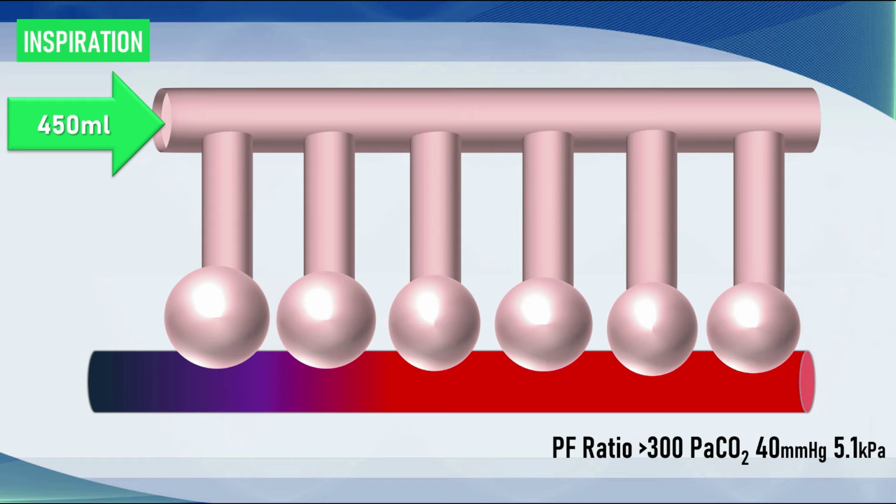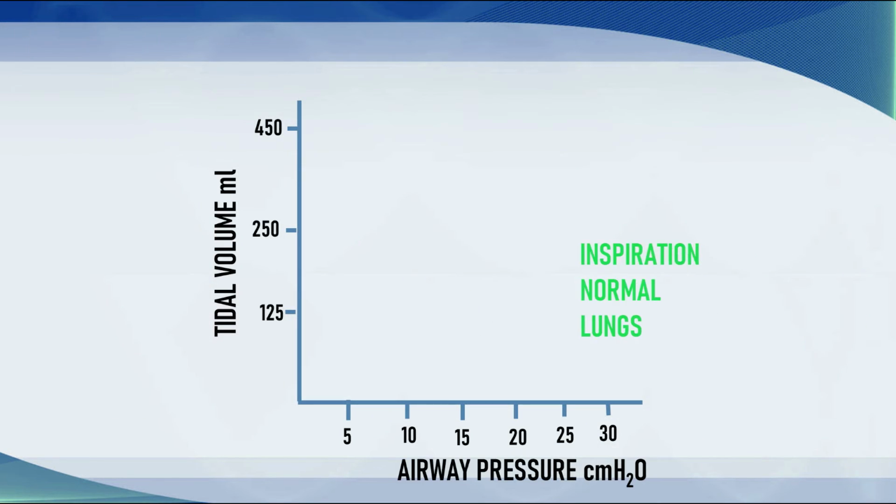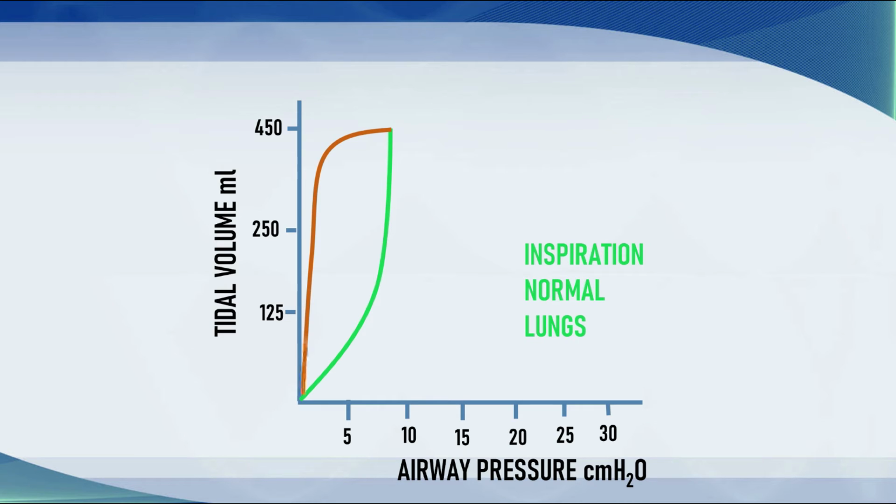So these posterior dorsal alveoli have the greatest ventilation and the best ventilation-perfusion matching. If you look at a volume-pressure curve in normal lungs, the compliance is more than 100 mils per centimeter of water, and you can see that just a minimum amount of driving pressure gives you very large tidal volumes.